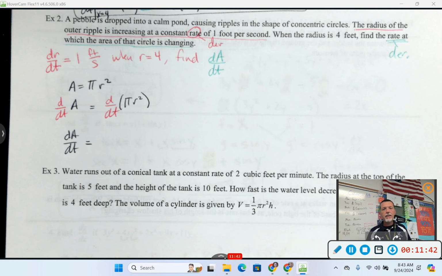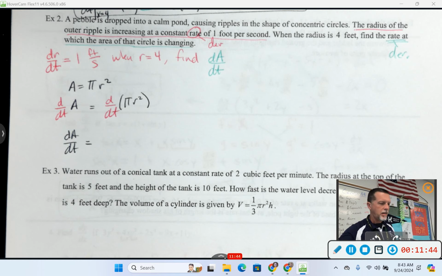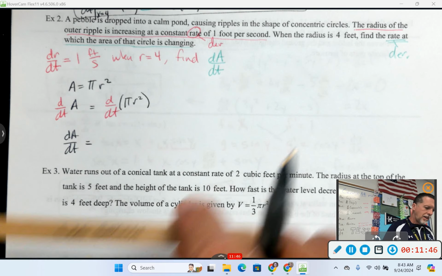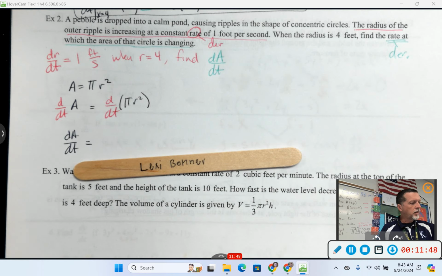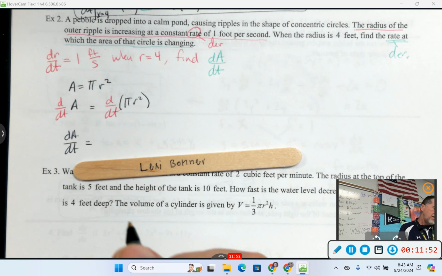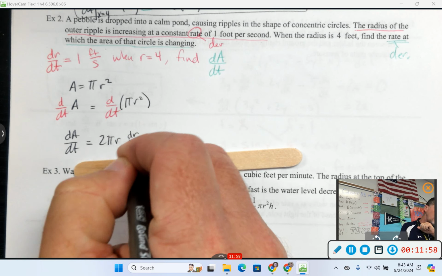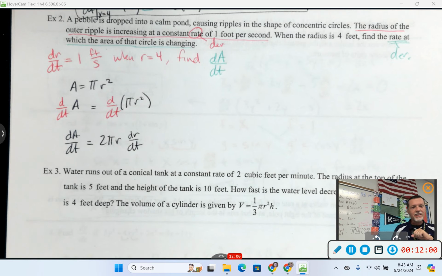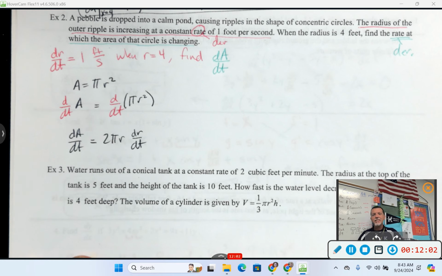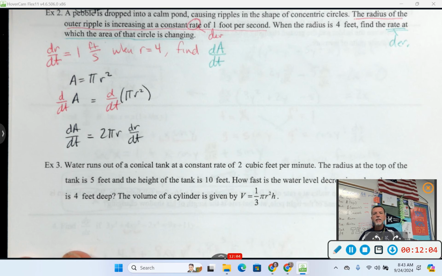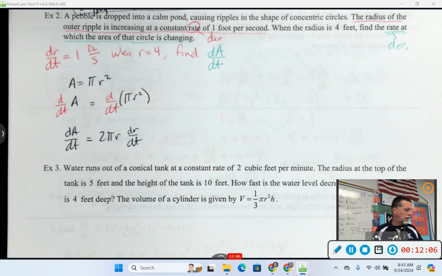Right, so dA dt on the left, on the right, Lexi, how about the derivative of pi r squared with respect to time? Very nice. 2 pi r dr dt. And again, leaving off the dr dt is the frequent mistake.